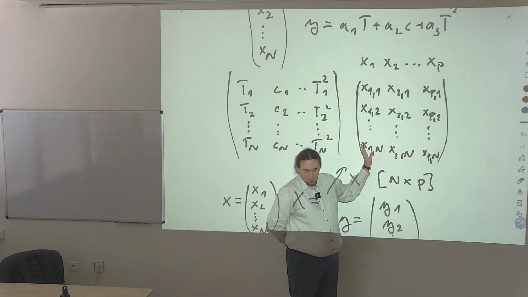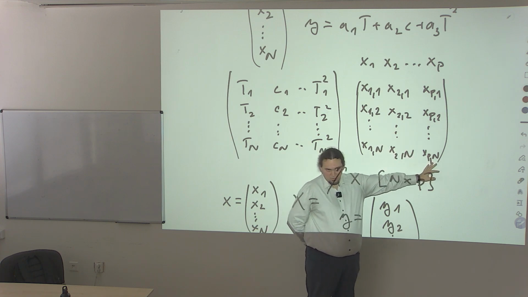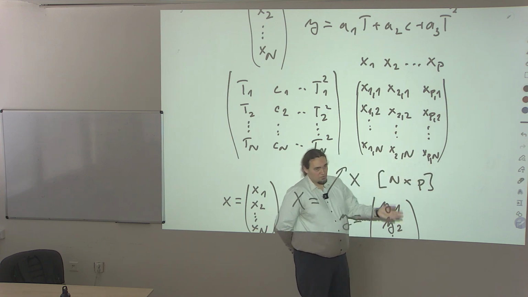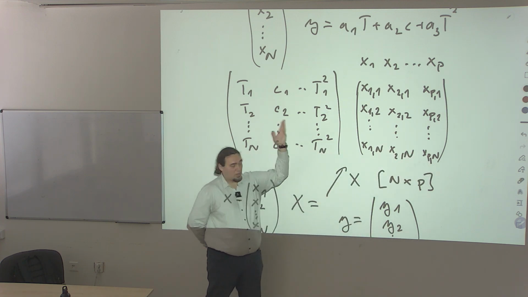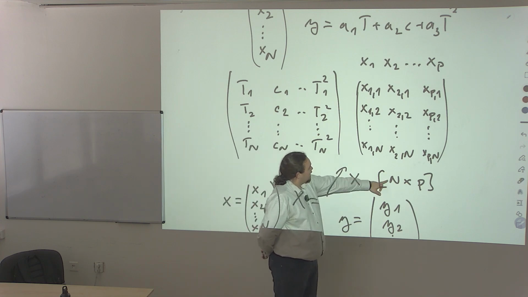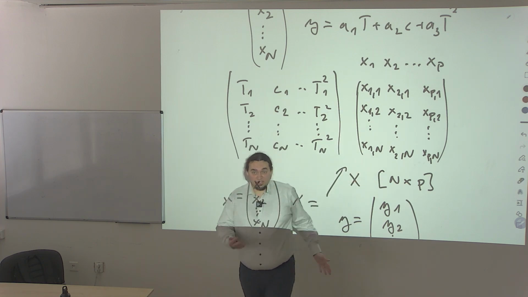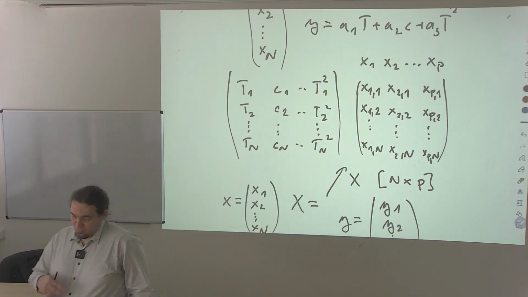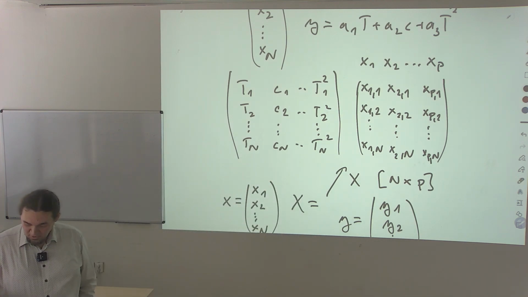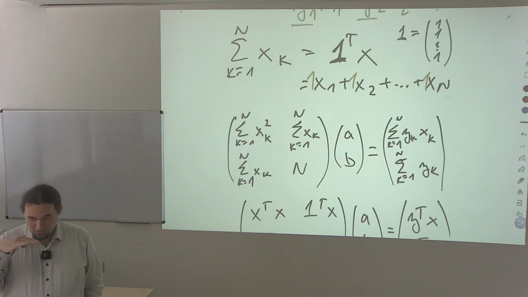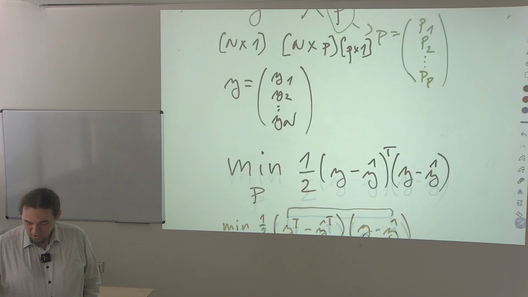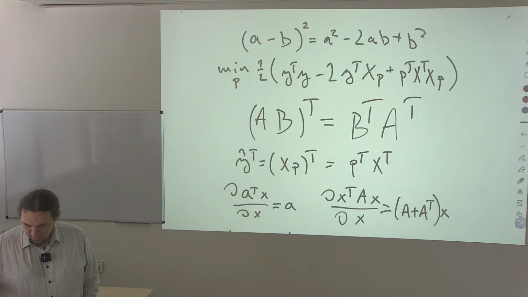Each column corresponds to a different variable, or to some transformation of that variable, and each row corresponds to one specific data point. It's kind of like an Excel table, which tells you what your experiments were about.